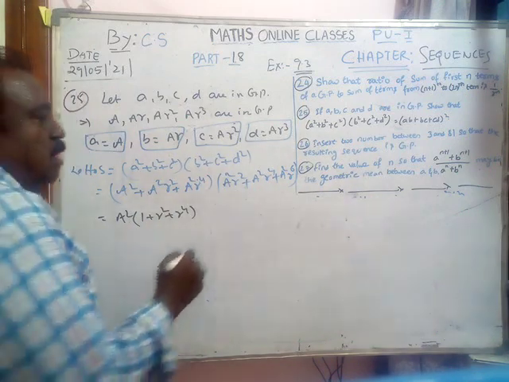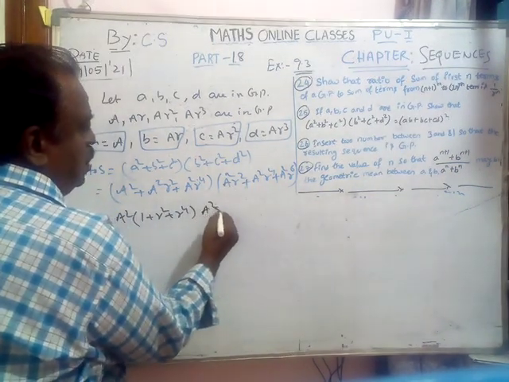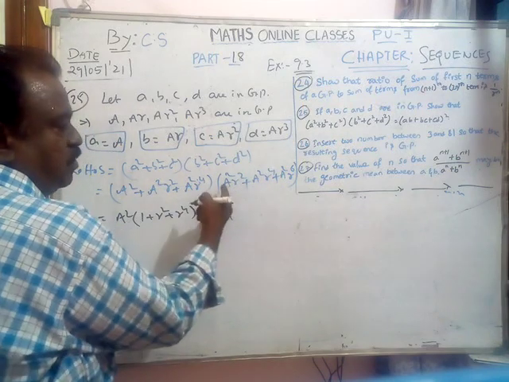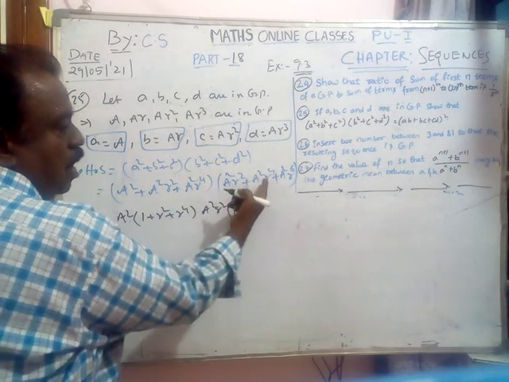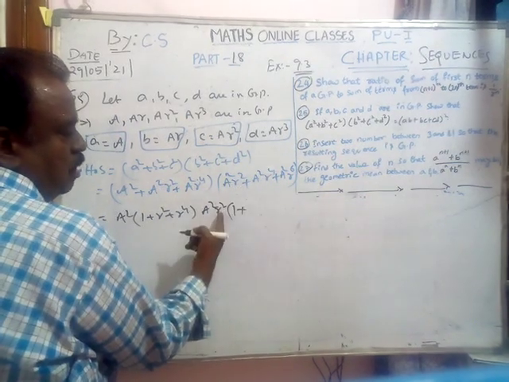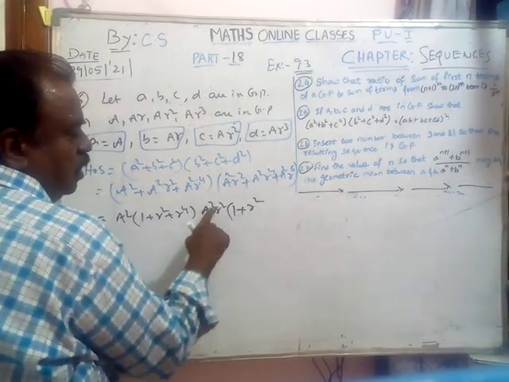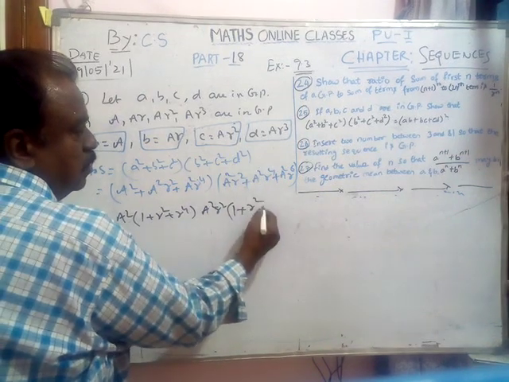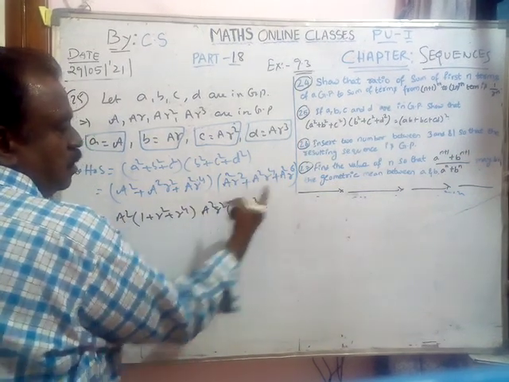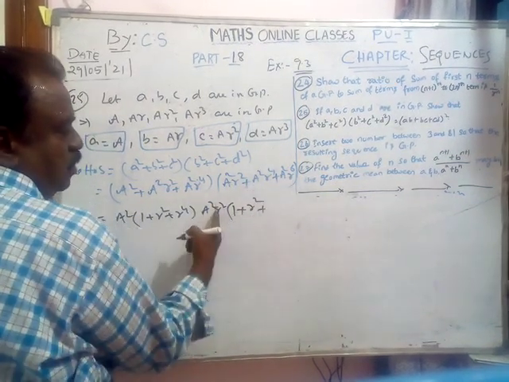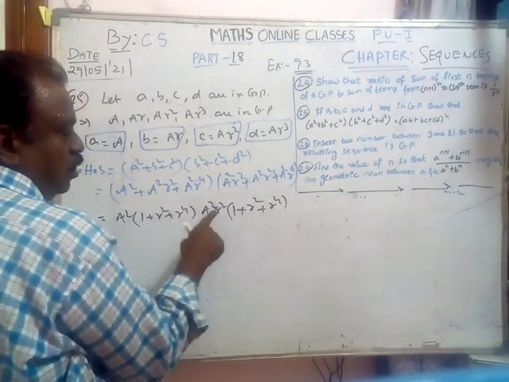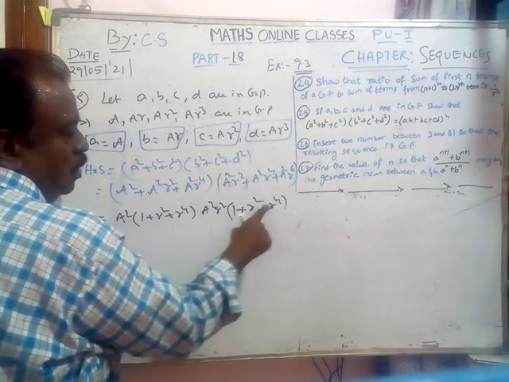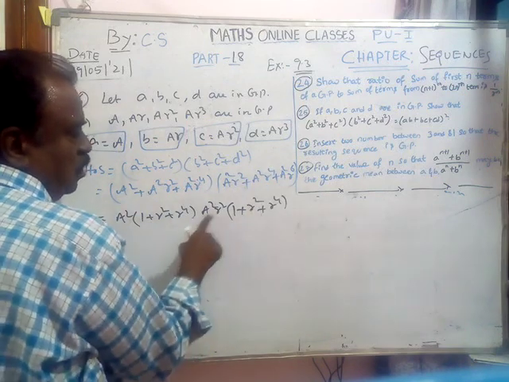In the second bracket, A square R square itself is common. Here 1 term, A square comes out. R square, R power 4, R square comes out. From R power 6, if R square comes out, R power 4 is there. You see that? R square into R power 4, R power 6. A square is multiplied.